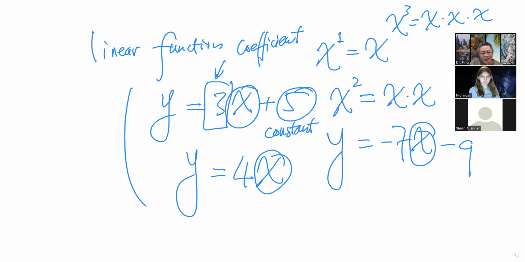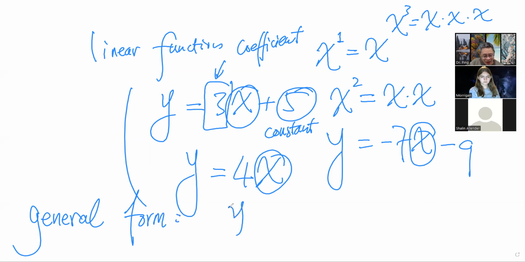So the coefficient is before the variable. The constant is by itself. Because of that, we can have a general way of expressing this linear function. The general form, we call that, is y equals mx plus b.